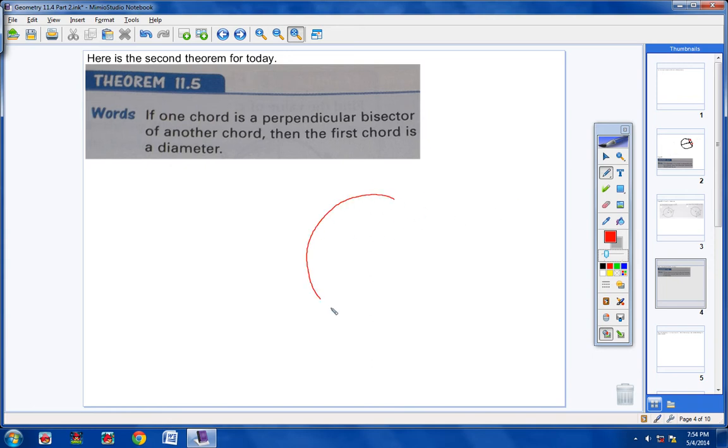So in other words, if we have a circle like this, and a chord that runs this way and a chord that runs this way, and they intersect and are perpendicular, and this segment here is congruent to this segment here, then you can state for sure that segment AB, the segment that's doing the bisecting, is a diameter.